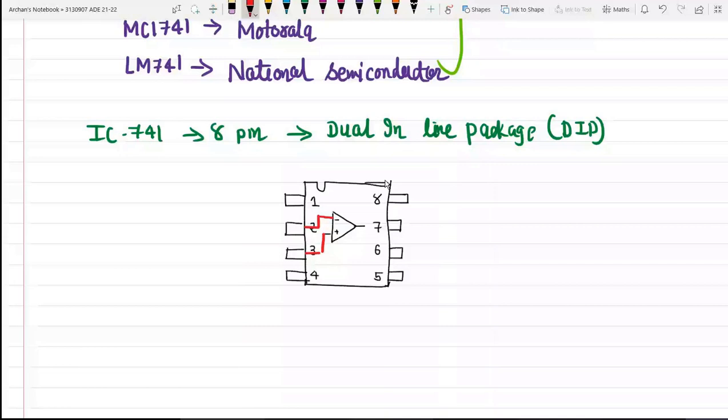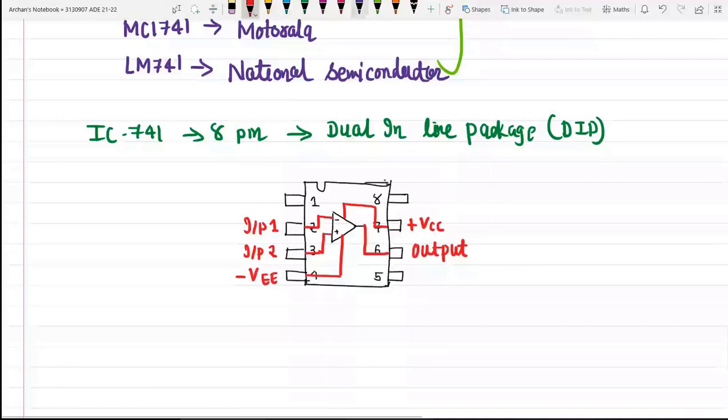Apart from this, pin number 4 is the negative supply voltage, and pin number 7 is the positive supply voltage. These are plus VCC and negative VEE. Pin number 2 is input 1, pin number 3 is input 2, pin number 6 is output.